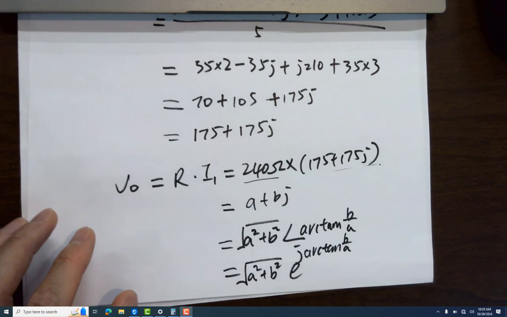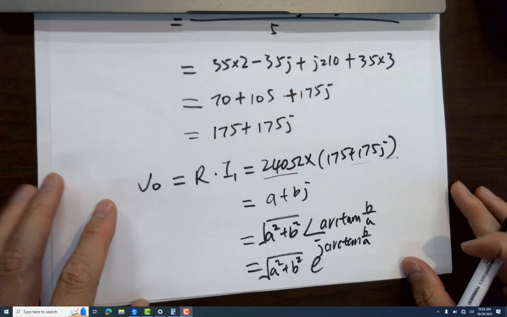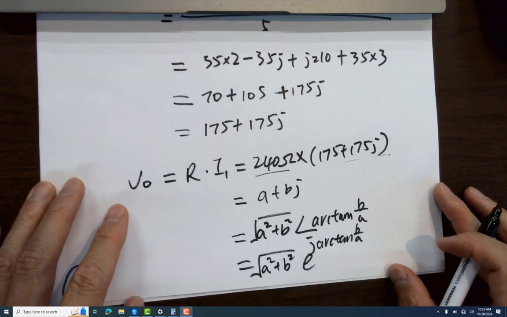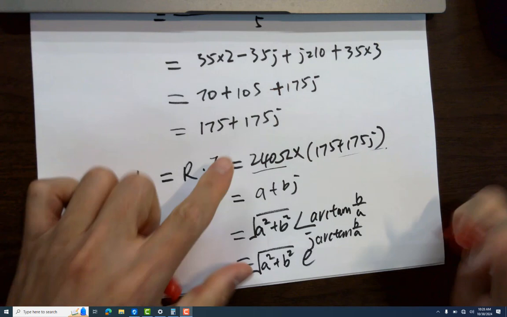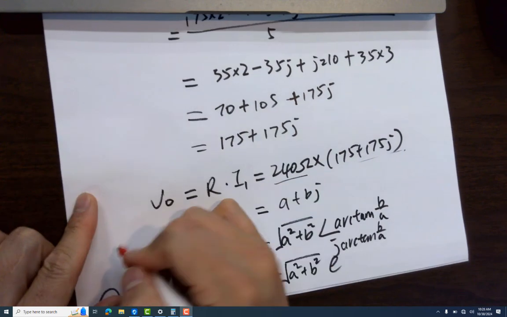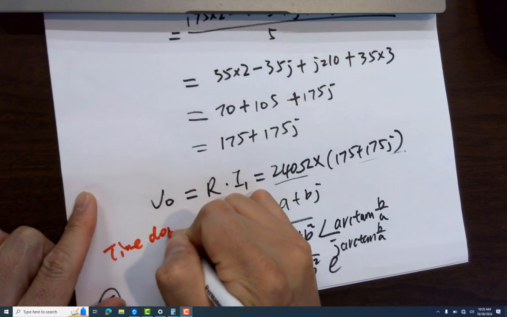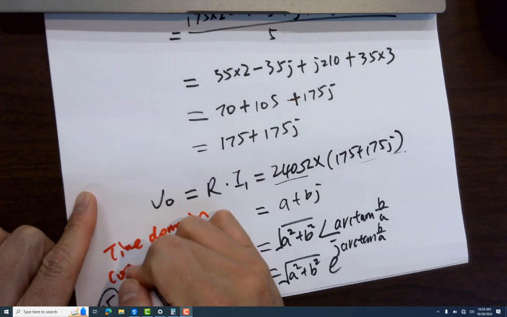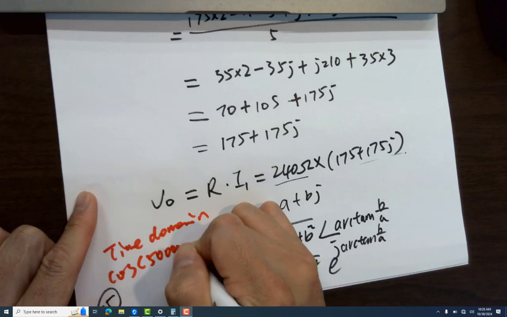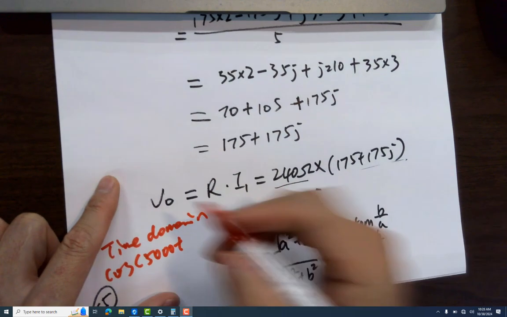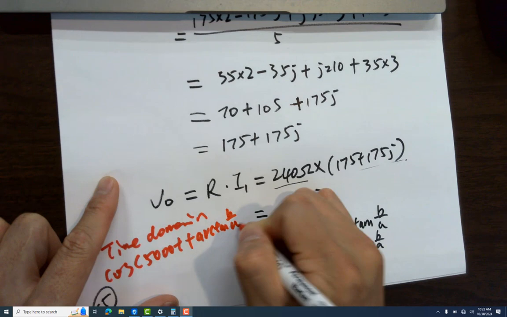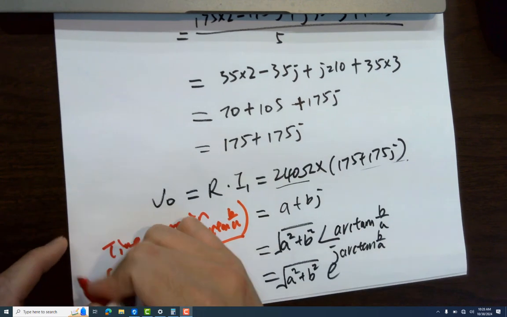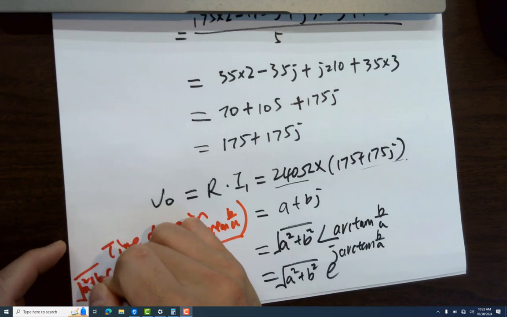Same thing for the time domain: cosine of omega t, omega doesn't change, plus the angle, with the amplitude in front.